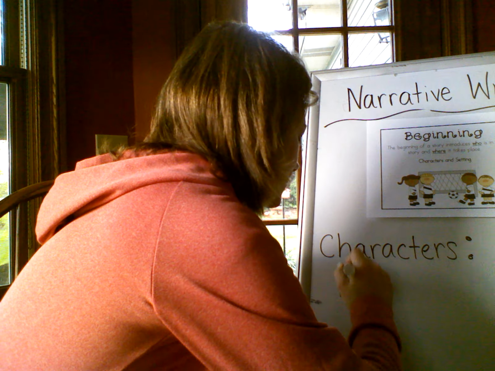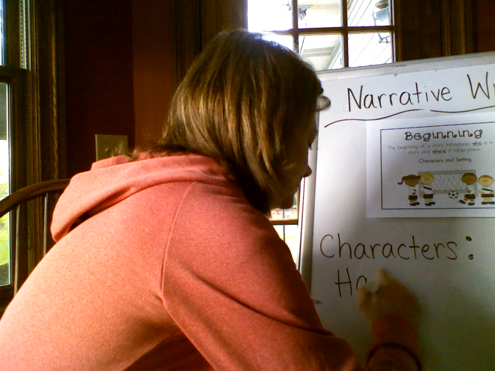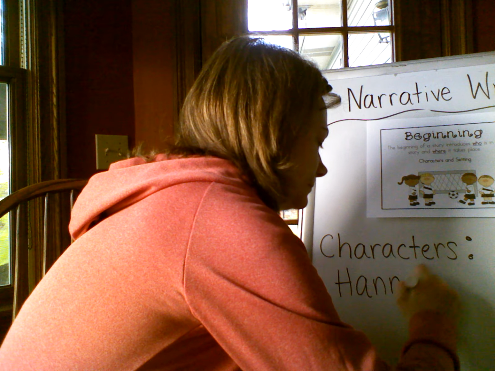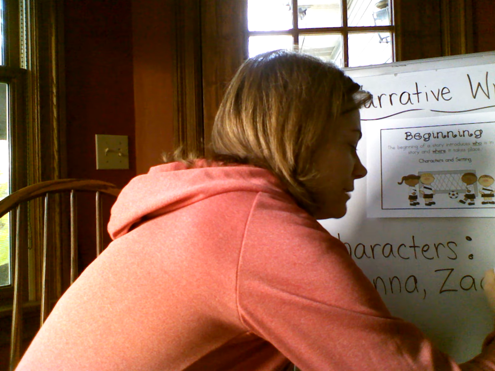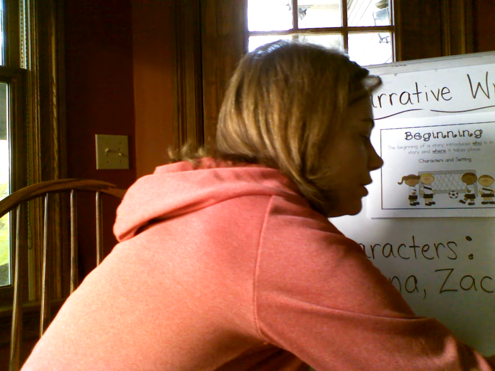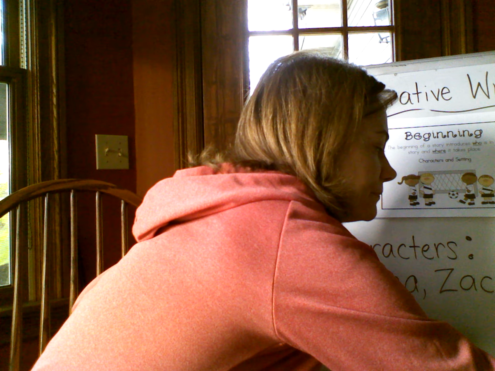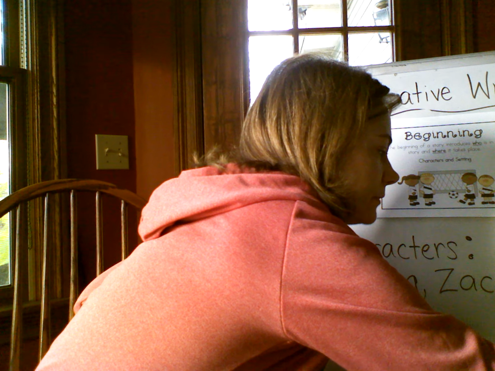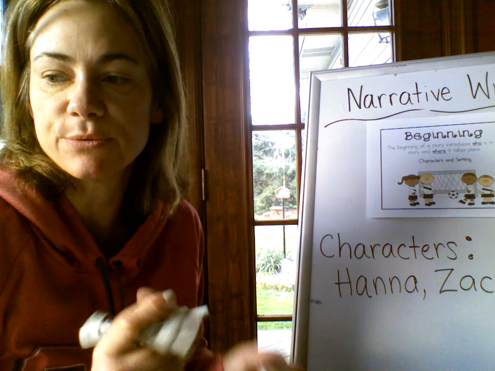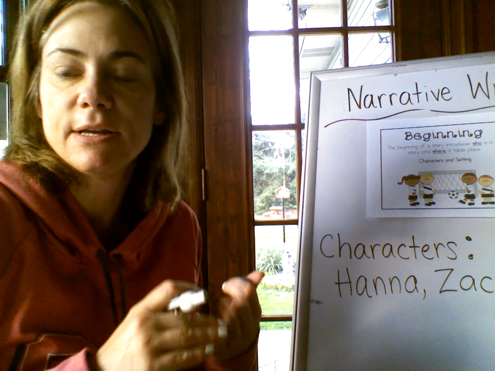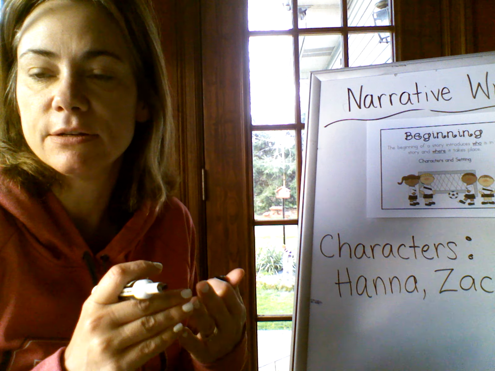So I'm going to write their names down. And while I'm doing this, I want you to think about who you want to write about, okay? Because after we're done with this lesson, you are going to write down your characters and where the setting is.